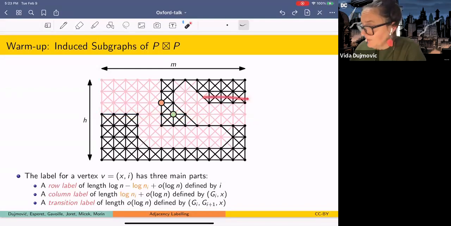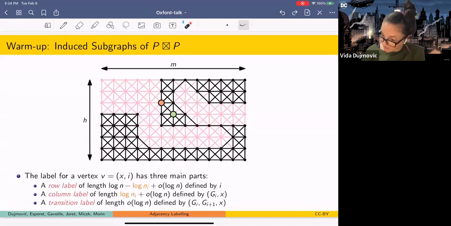The column label of the top vertex here is based on the graph in the previous row. They're not related. At least you can blindly apply a result on this row, apply a result on this row. You have to now figure out, are these two vertices adjacent? So that is the main difficulty for this problem.